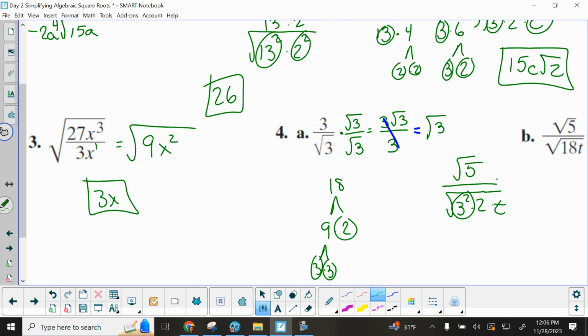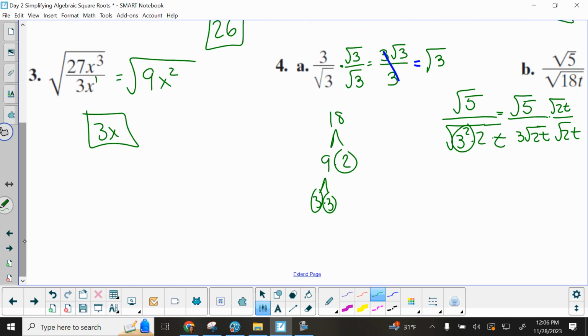So 3 comes out of the radical, and I have radical 5 over 3 radical 2t. So you should have multiplied by radical 2t over radical 2t. And that's going to give me 10t over 3.